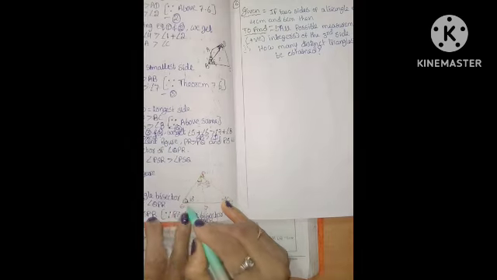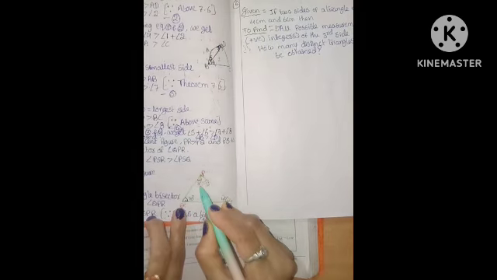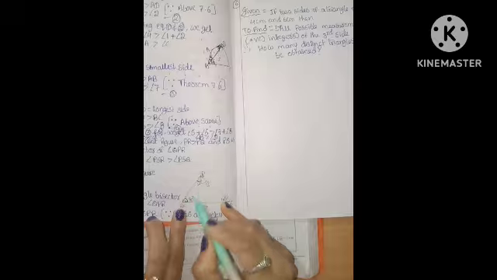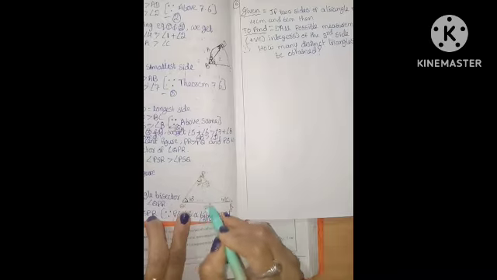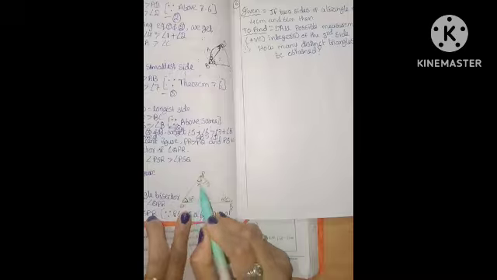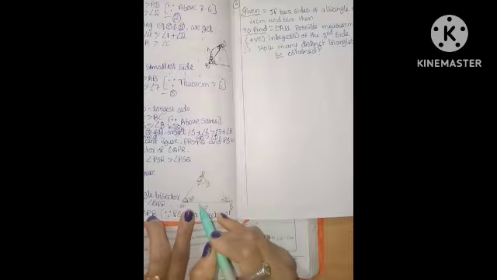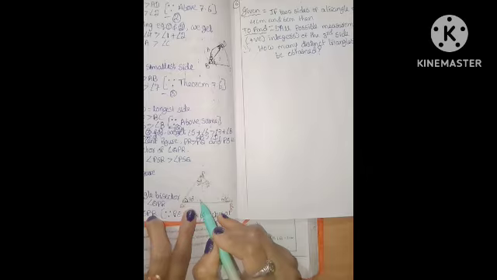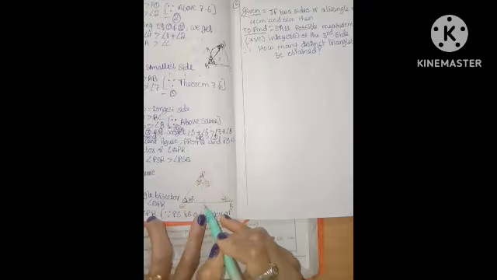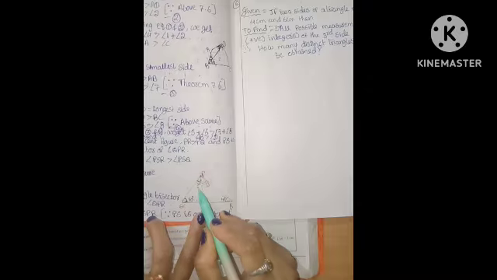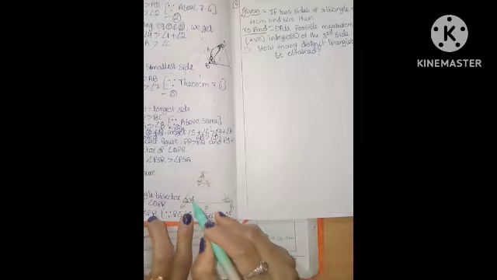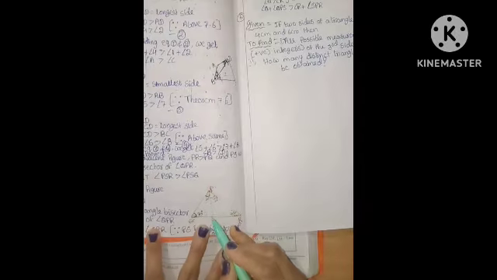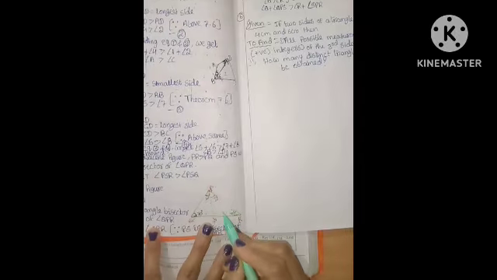In this triangle, angle Q plus angle P, the sum of these two angles. This is a right angle triangle. We know one property: the angle sum property. How will you get this angle? Using the angle sum property: the sum of the three angles is equal to 180 degrees.